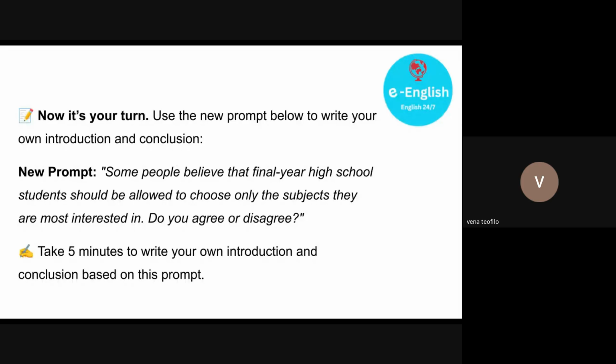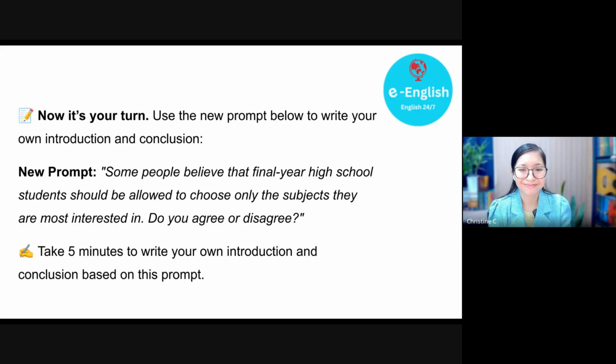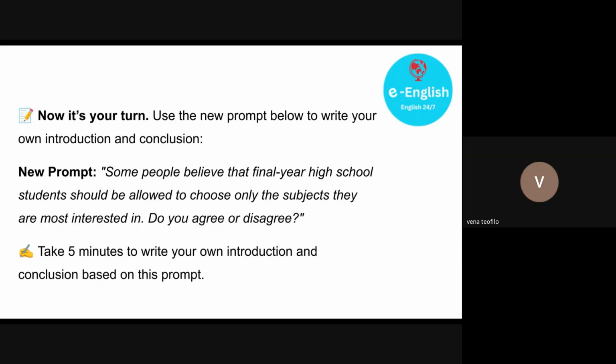First, the main reason is since this is their final year in high school and they're going to college. This is the time where they prepare themselves for another phase of their life, which is college years.